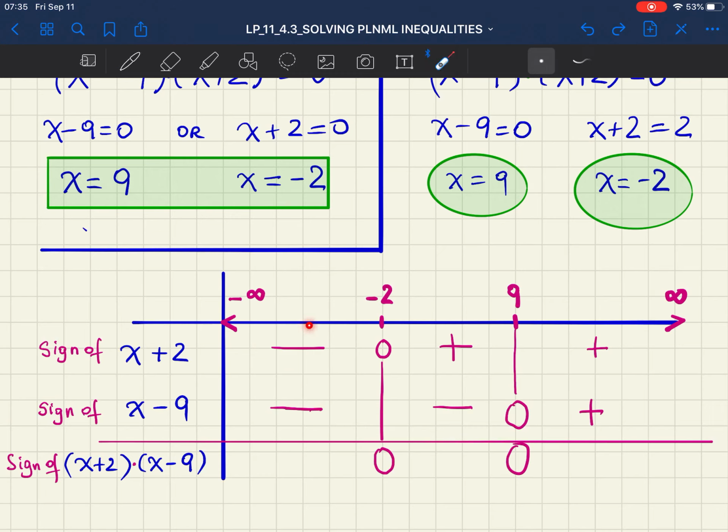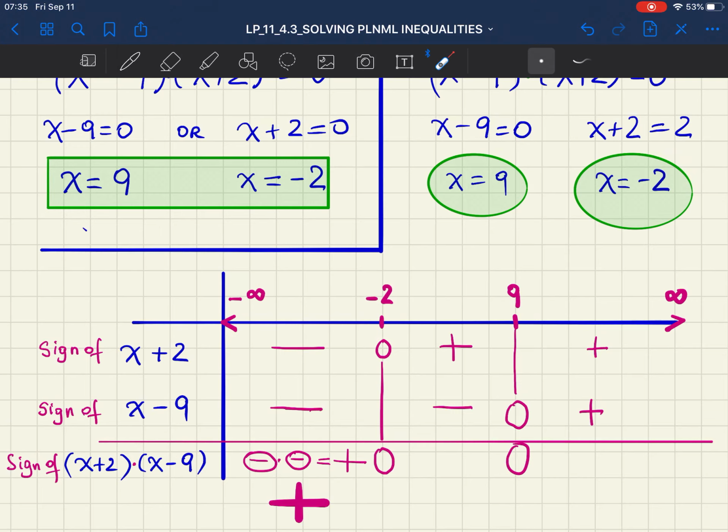Remember that for these values of x in here, x plus 2 will be negative and x minus 9 will also be negative. So the product x plus 2 times x minus 9 will be the product of two negative numbers. And two negative numbers multiply to give a positive. So we're going to say that the product will be positive here.